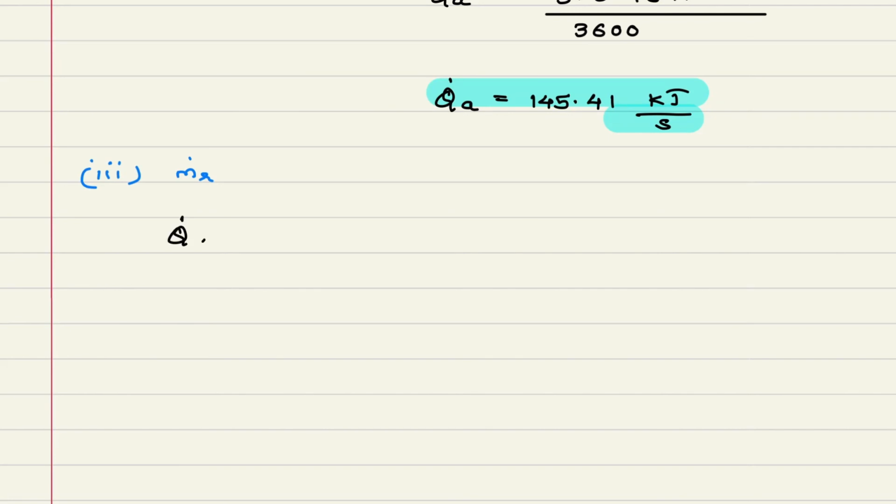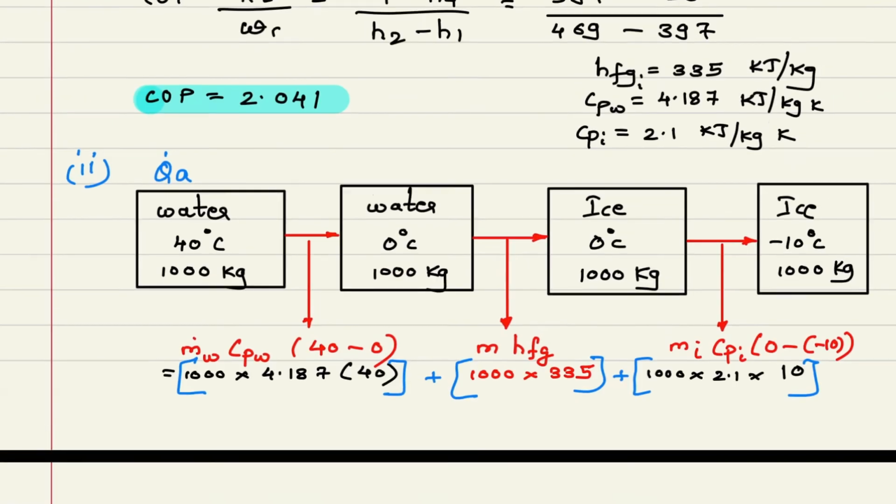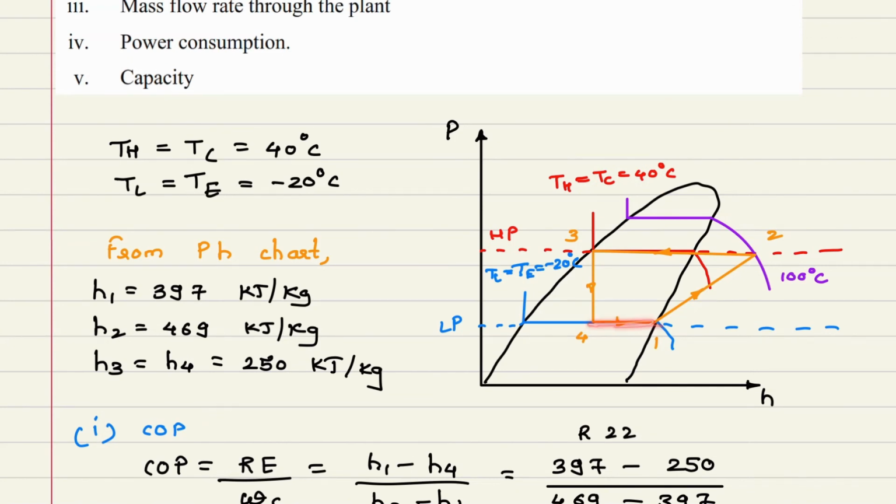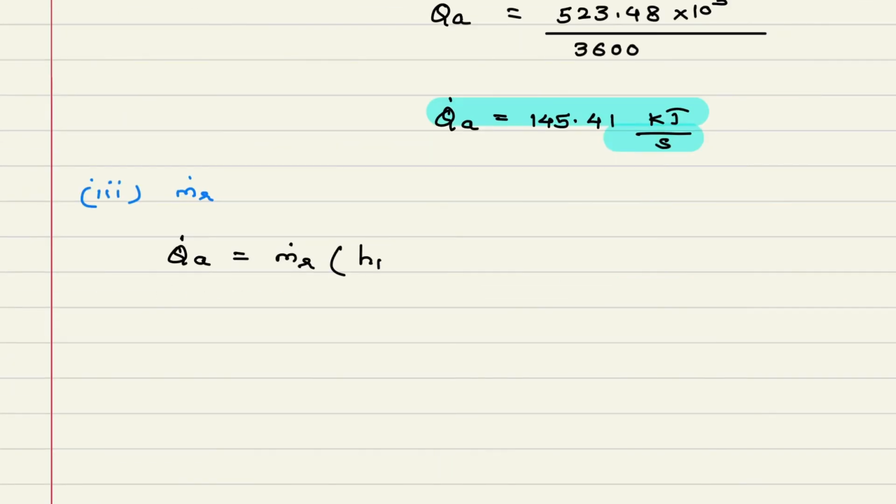Q dot A is equal to mass flow rate of refrigerant into, where is this Q dot A absorbed? In evaporator. So H1 minus H4. Q dot A value 145.41 equal to M dot R we have to calculate, and H1 value 397 minus H4 value 250.